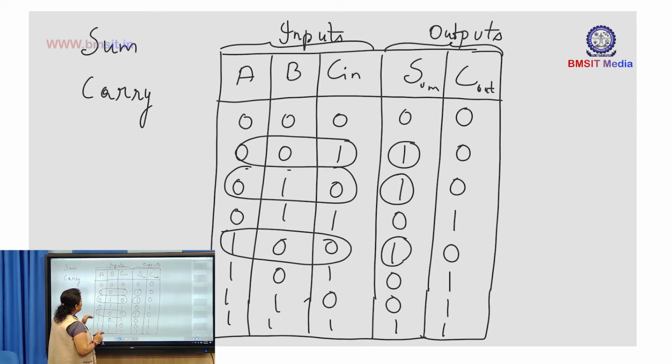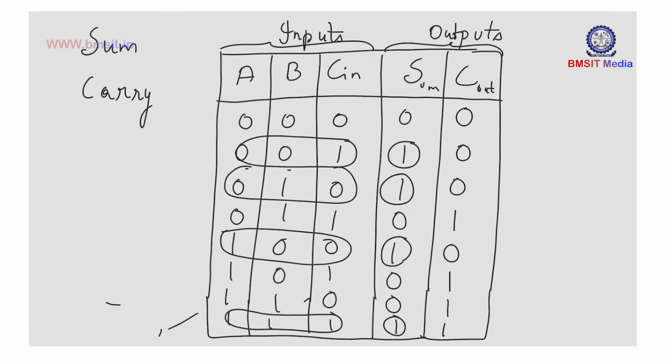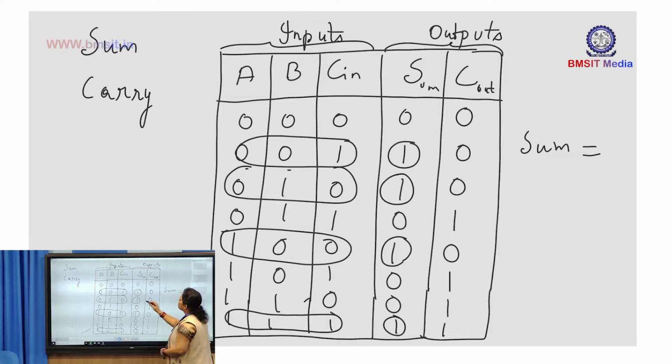The next combination for which sum is high is this. Now after identifying all the combinations, let us write the expression. Sum is equal to, coming to the first combination, 0 0 1.